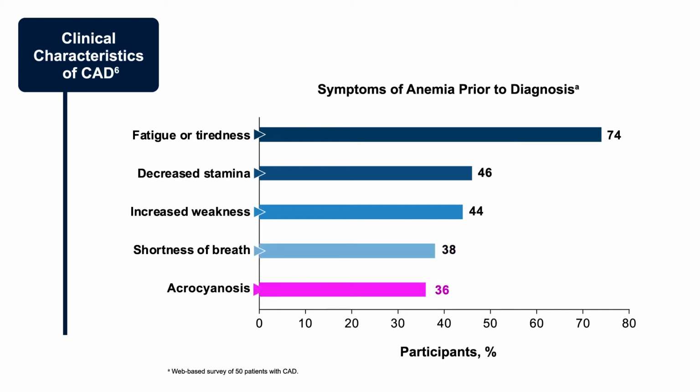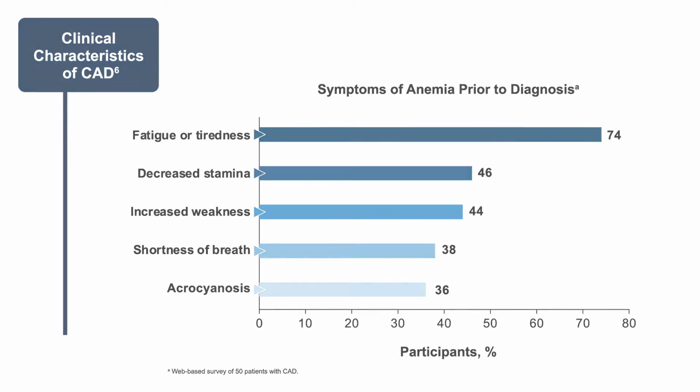As you can see, a lesser percentage of patients, only 36% in this particular study, have symptoms of agglutination or acrocyanosis. So it's really the anemia that is producing many of the symptoms that our patients with cold agglutinin disease are reporting.